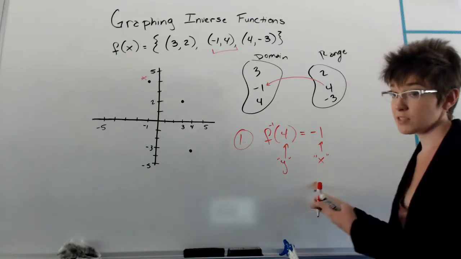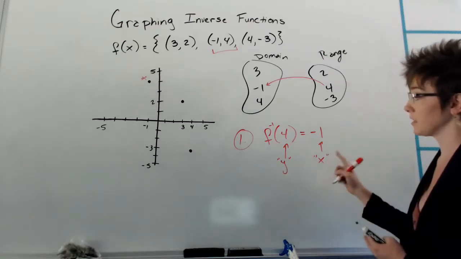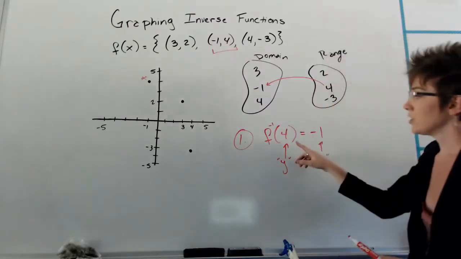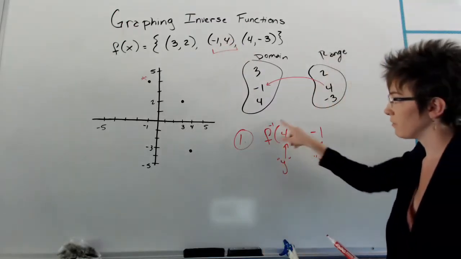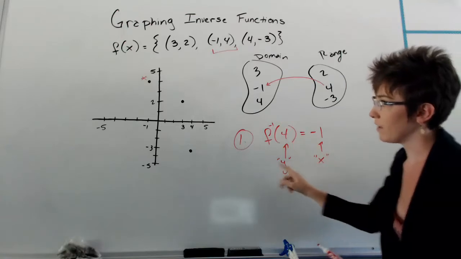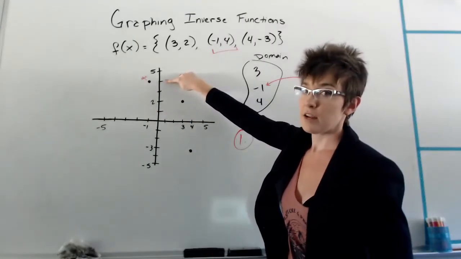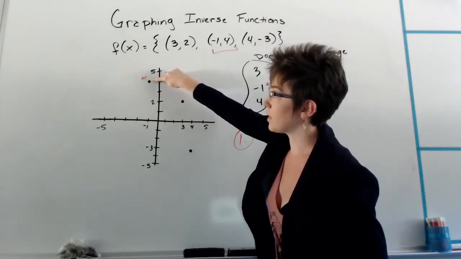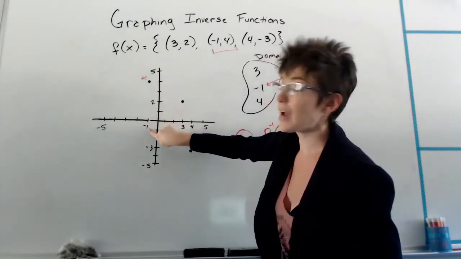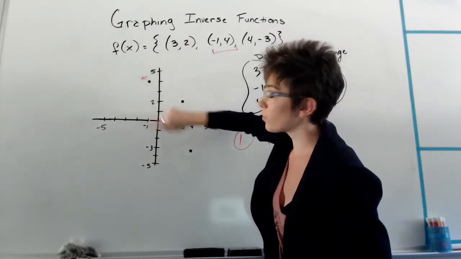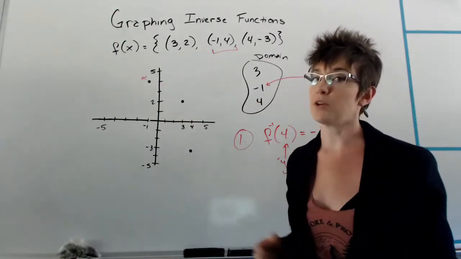So my answer is a matter of switching these two values. If I am asking what's f inverse of 4, that's a y value. I go up to here on the y-axis, and then I take a look at what the x value was on the x-axis. So for an output of 4, the input was -1. So that's how we can do that.